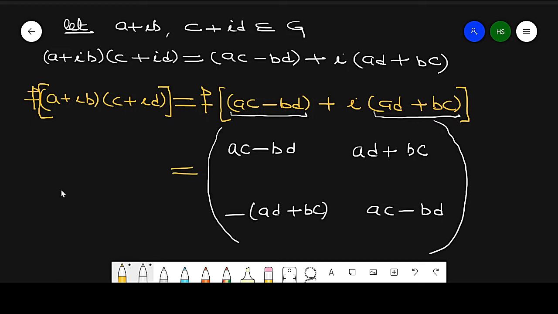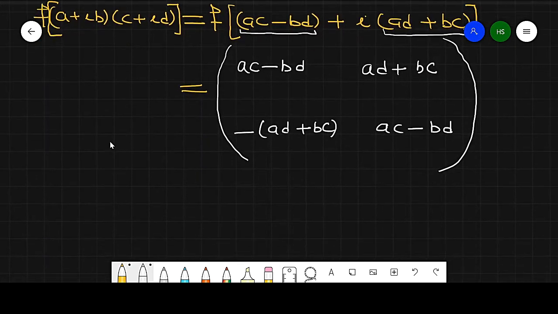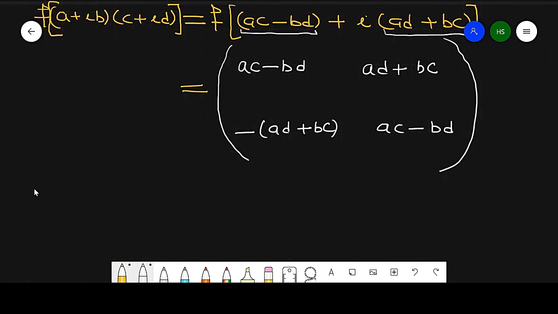So this is one way, and the second way I take F of A plus iota B times F of C plus iota D. So write it in a different way.